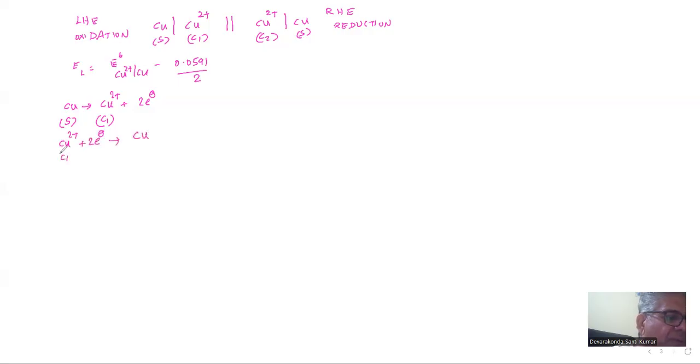So this is C1 as well as this is a solid. Therefore EL becomes 0.0591 by 2, and then we take the copper solid as 1, so log 1 by C1 to base 10. So this is the EMF for the left hand electrode.